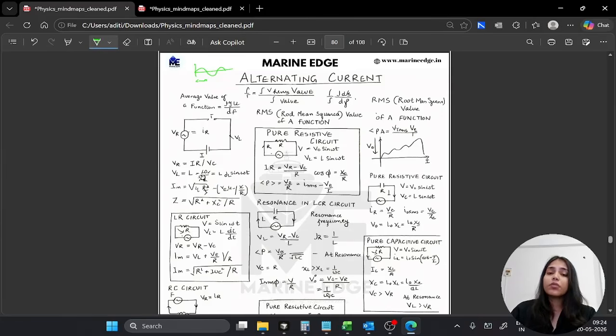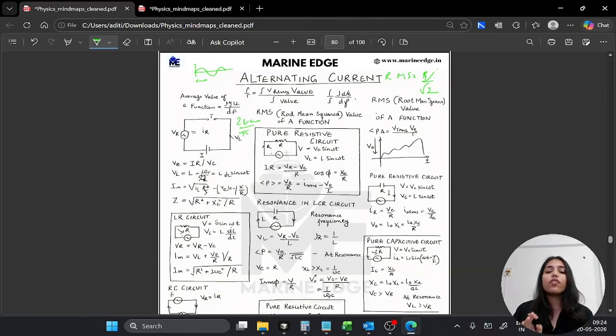Now, we have two major things here, root mean square voltage or root mean square current, and average voltage or average current. Now, the RMS value of voltage will be V peak, or the maximum voltage, divided by under root 2. That is how we calculate RMS voltage. And average voltage is equal to 2V max upon pi. Okay, that is only for a half cycle of current.